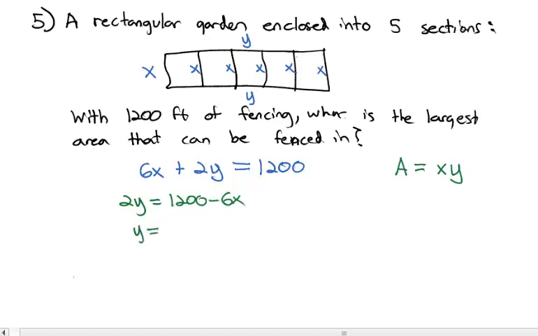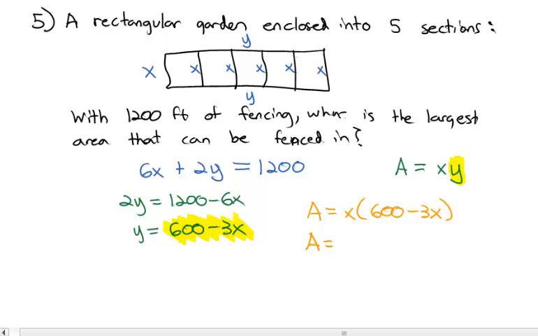Divide by 2, and y equals 600 minus 3x. And so the 600 minus 3x is going to go in for the y, and our new area formula is x times 600 minus 3x. Because polynomials are easier to take the derivative of, let's distribute: 600x minus 3x squared.